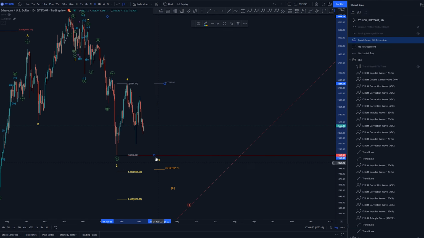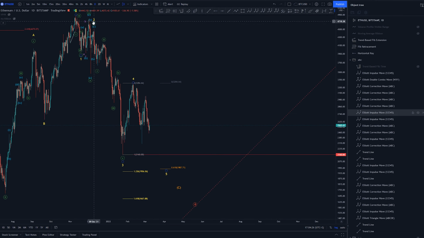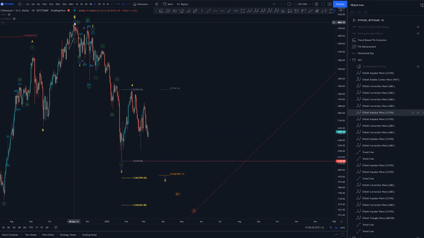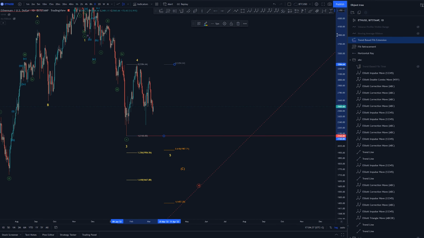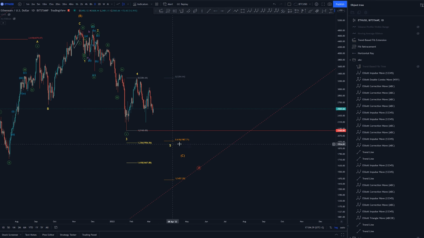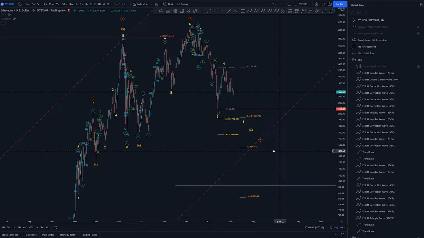Now the 5th can be approximated starting from the start of the whole wave structure up to the wave 3 and back up to the wave 4, and this is what this one is, and this one projects us just below $2,000.